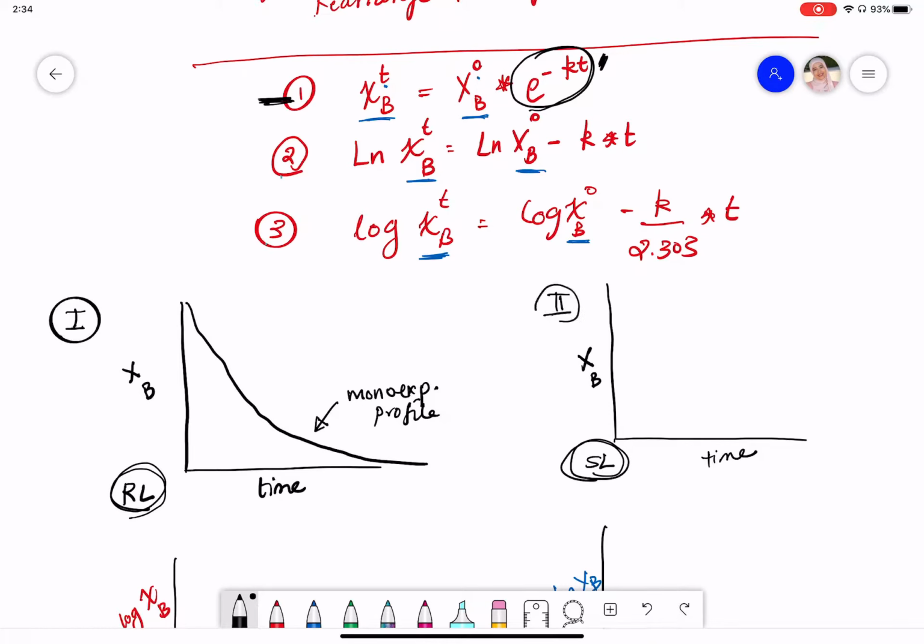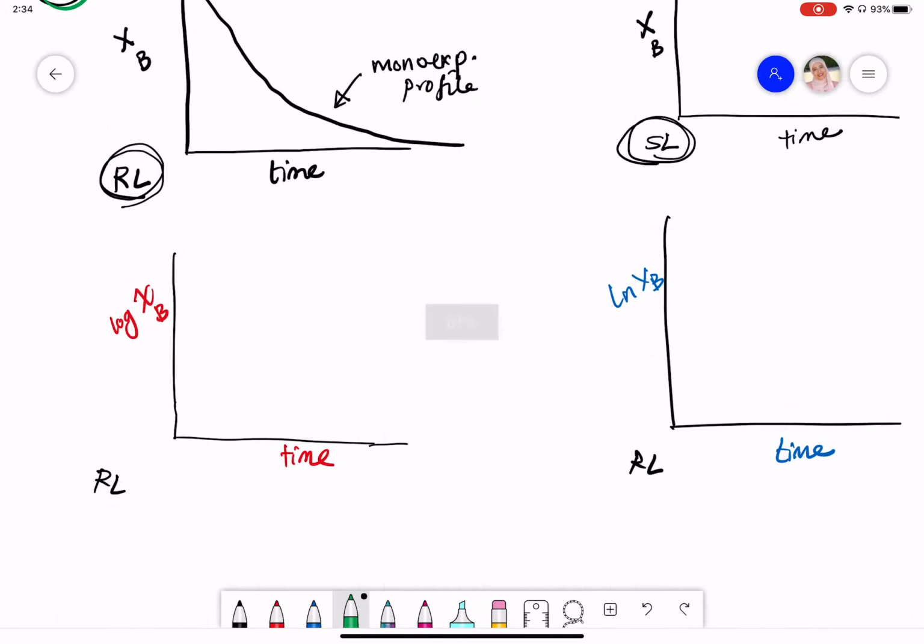is 2 as a profile. Let's just change the number, 1 and 2, and 4.